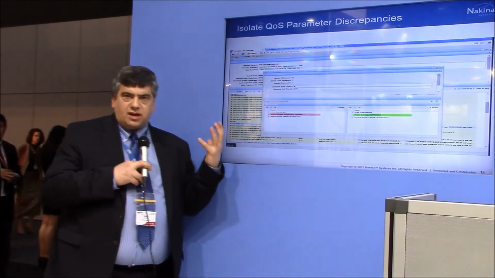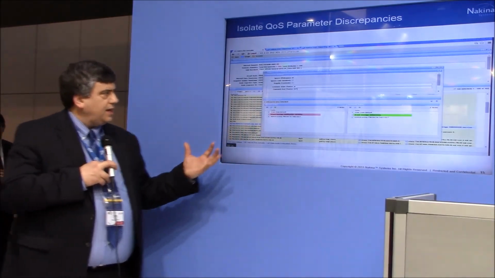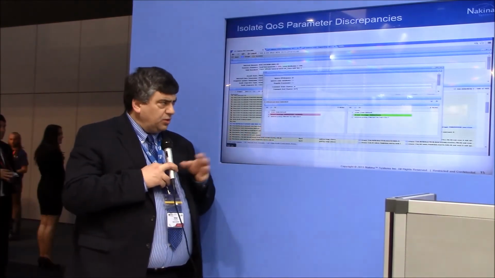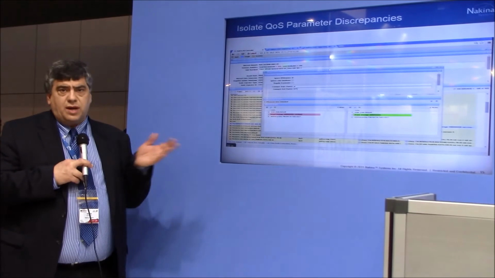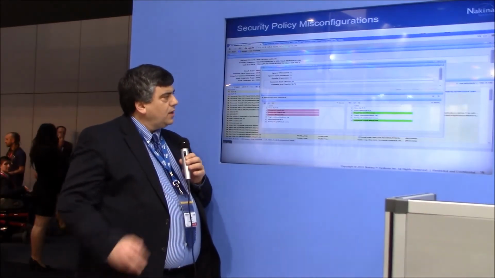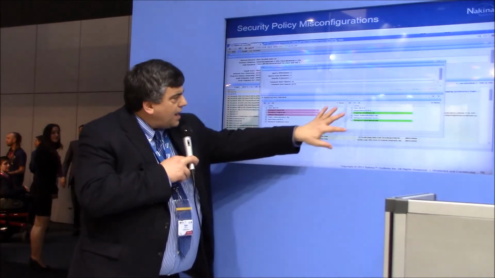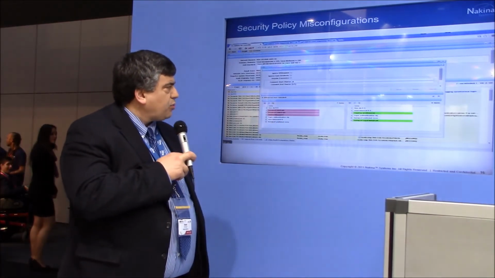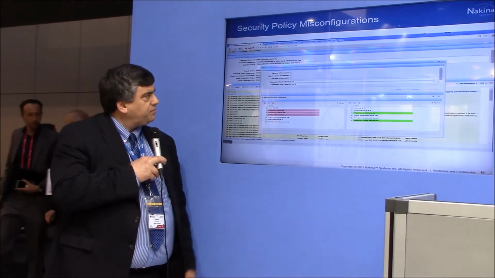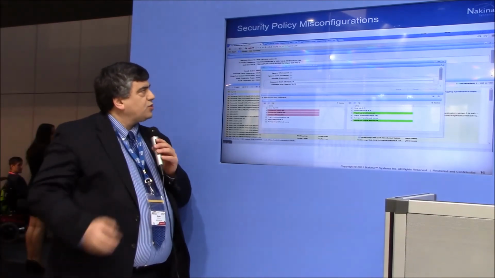There's a number of ways that a gold standard can be specified, and Nakina's NI controller will be able to determine the discrepancies whenever an audit is run. Here you can see that there were specific parameter values that were identified as mismatched within this audit.